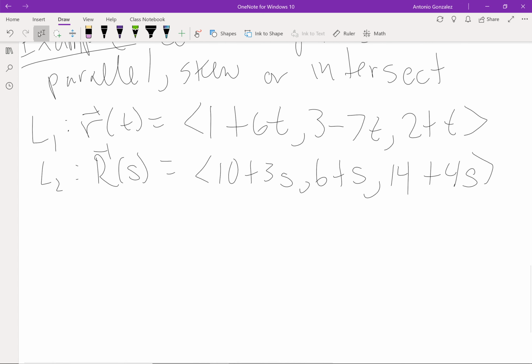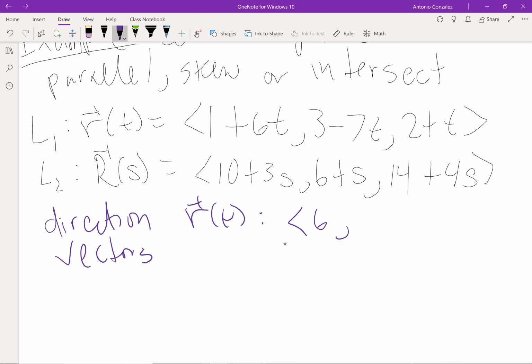So we have the two equations of the lines, and let's see if they are parallel. Let me write down the direction vectors. For r of t, the direction vector is, and again, you can determine that by looking at the coefficients of the parameter t, 6, -7, 1.